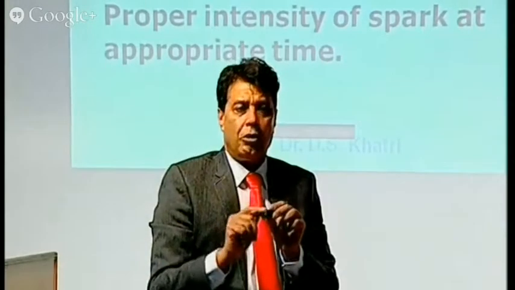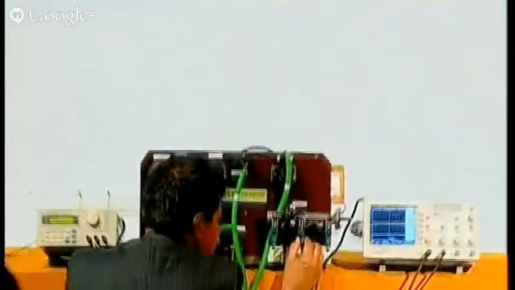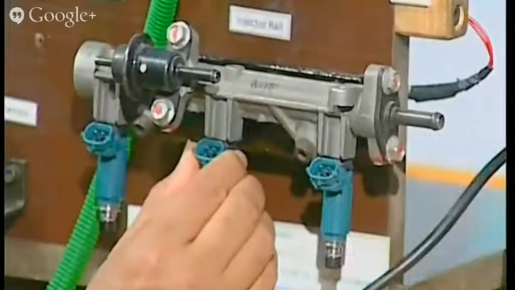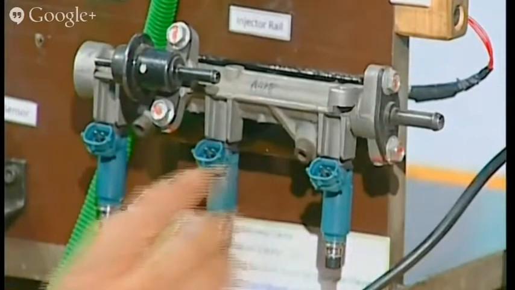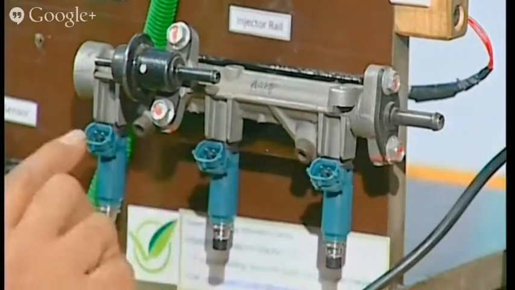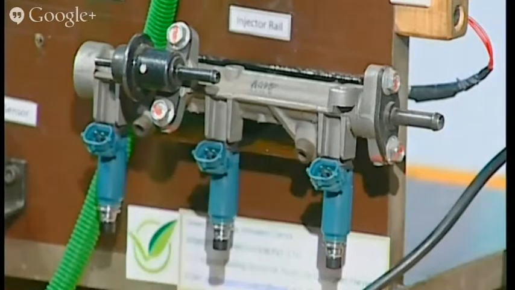No dust is allowed on this seal. This is a very special seal, so I am using that silica gel. Then after using the silica gel, I am inserting this in the fuel rail. Now you can see the 3 injectors are mounted on the fuel rail.